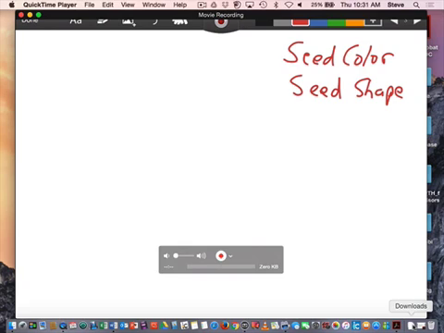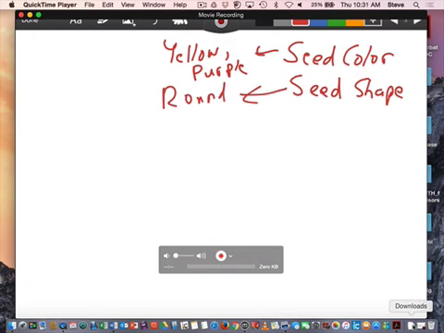So those are the two phenotypes. We're going to make it fairly simple. The seed colors are going to be yellow and purple, and seed shape is going to be round and wrinkled.